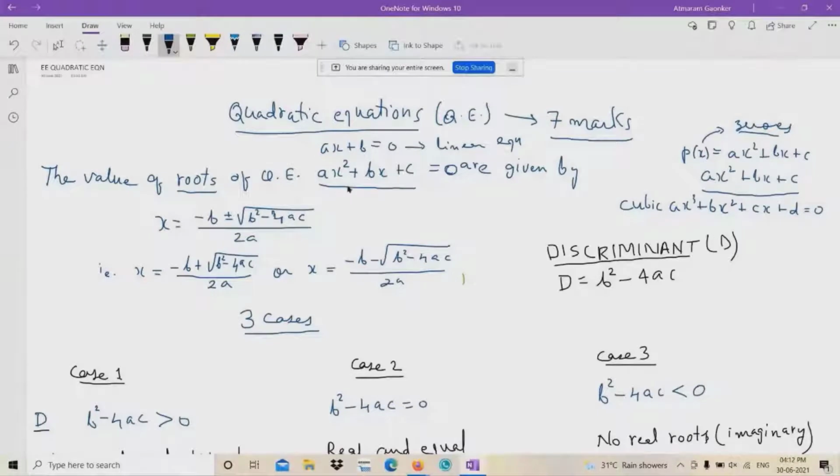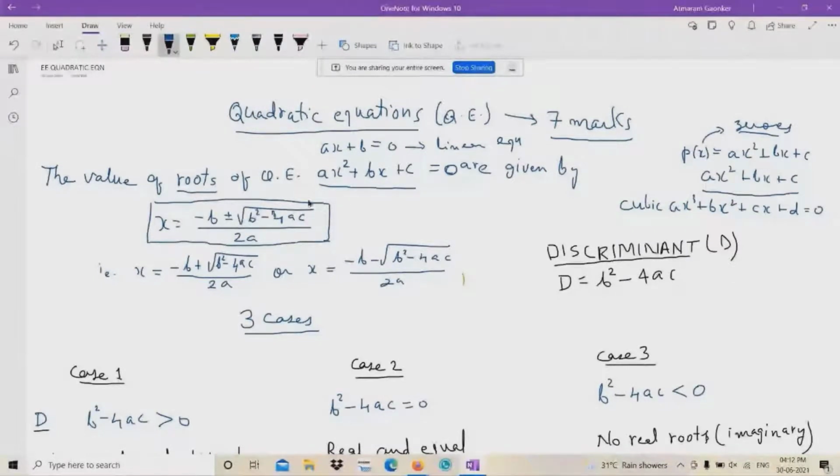And the roots of this quadratic equation are given by this formula: x is equal to minus b plus or minus square root of b square minus 4ac divided by 2a. You have to always remember this. This is the most important formula in this whole topic, and the only formula you have to remember.